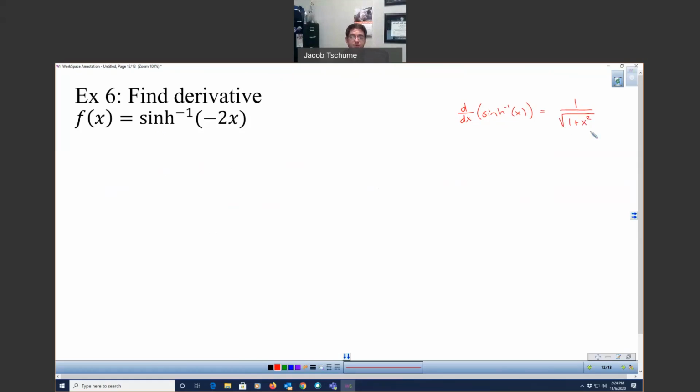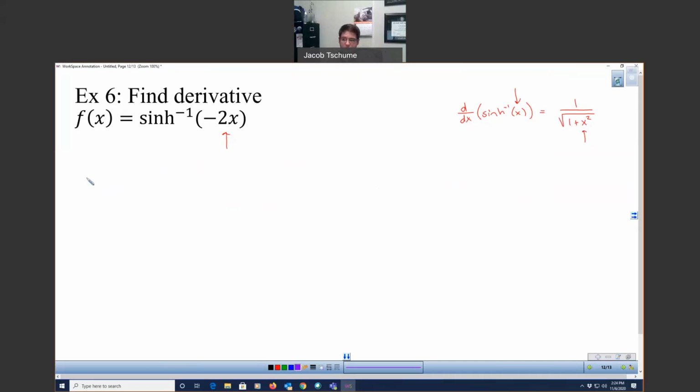So in this example, this is a basic inverse hyperbolic sine. I need to turn this x into whatever my input value of the inverse hyperbolic sine function is. So the x is actually going to turn into a negative 2x when I take the derivative.